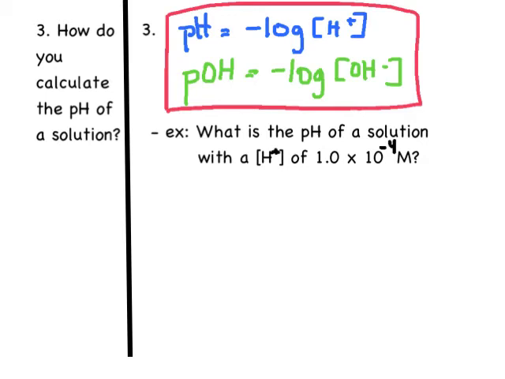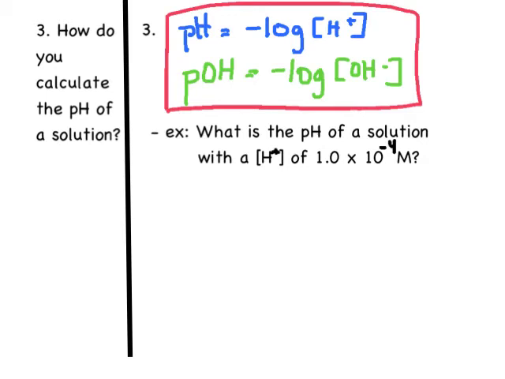Let's take a look at some examples and see how it works. Here is example number 1. What is the pH of a solution with a hydrogen ion concentration of 1 times 10 to the negative 4?